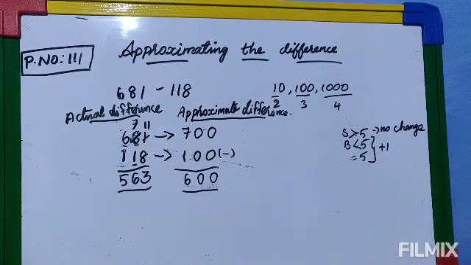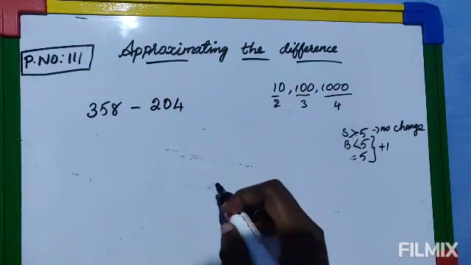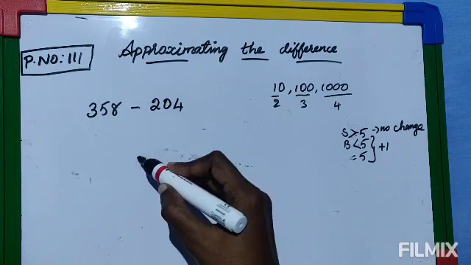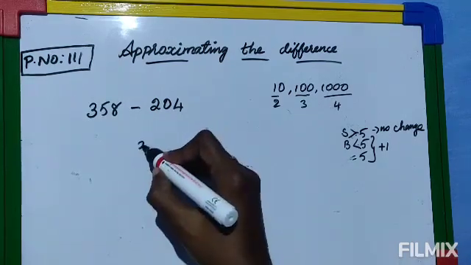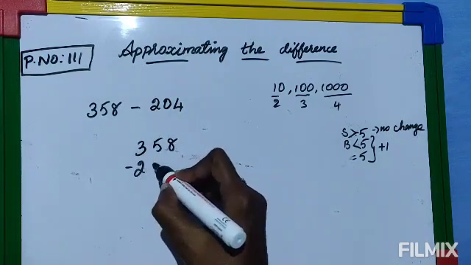So one more example I will give. Okay, let's do the second example. 358 minus 204.